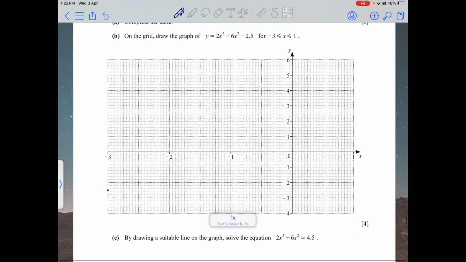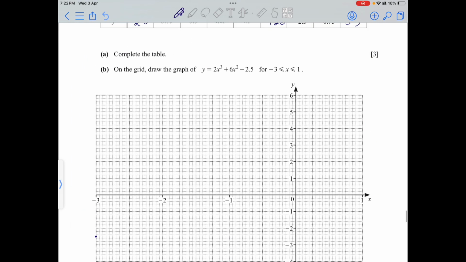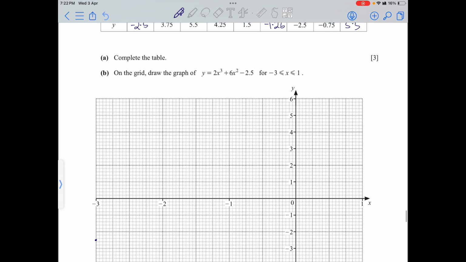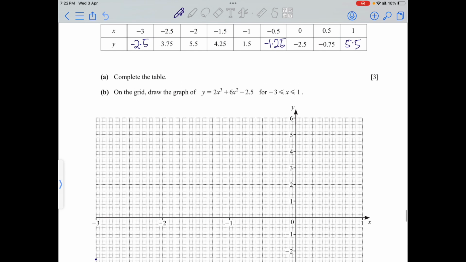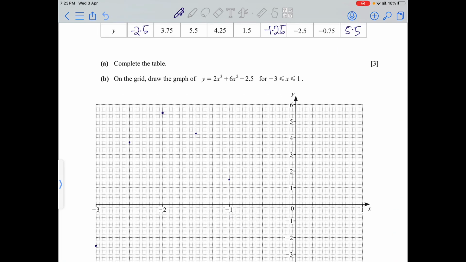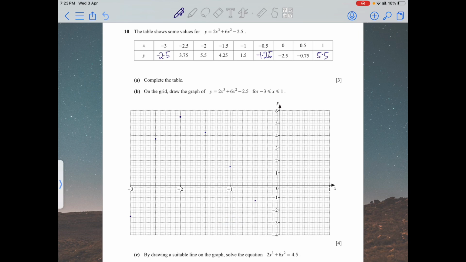So -3 is -2.5, which has been marked, like I have marked it right now. Then -2.5 is 3.75, -2 is 5.25 here, -1.5 is 4.25, -1 is 1.5, -0.5 is -1.25, and 0 is -2.5 here.